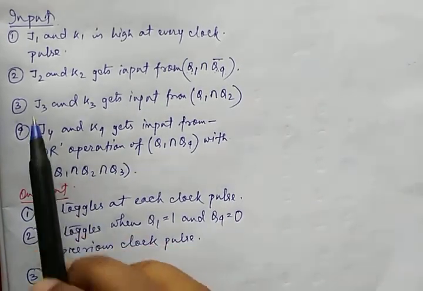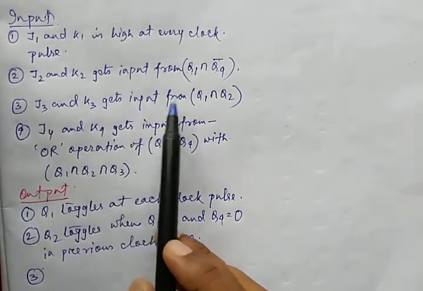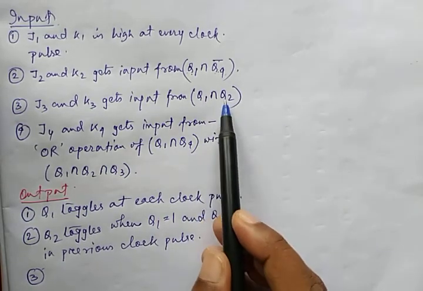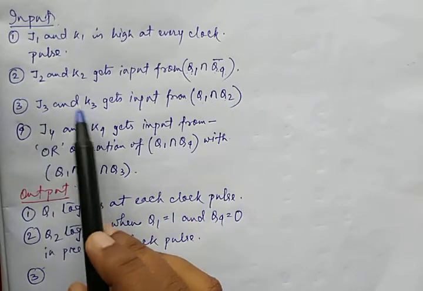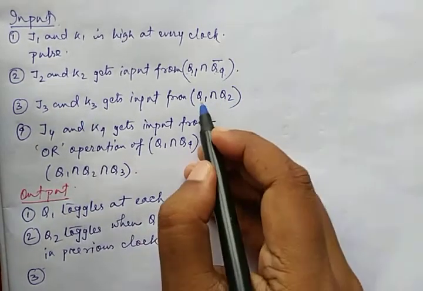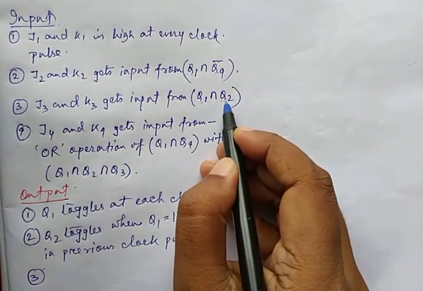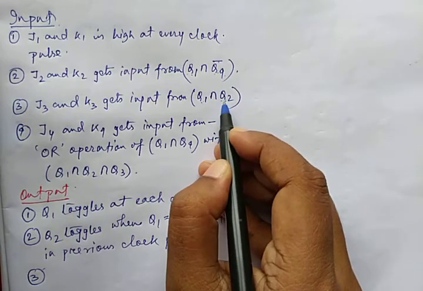Number 3, J3 and K3 get input from the AND operation of Q1 and Q2. So in order for J3 and K3 to be 1, Q1 and Q2 both have to be 1 in the previous clock pulse.